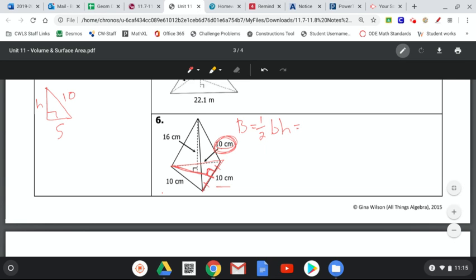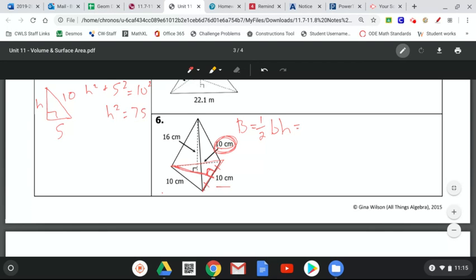So we are going to do, for this one, h squared plus 5 squared equals 10 squared, okay? Now you have to do 10 squared minus 5 squared, which is going to give you like 100 minus 25, so that should be 75.